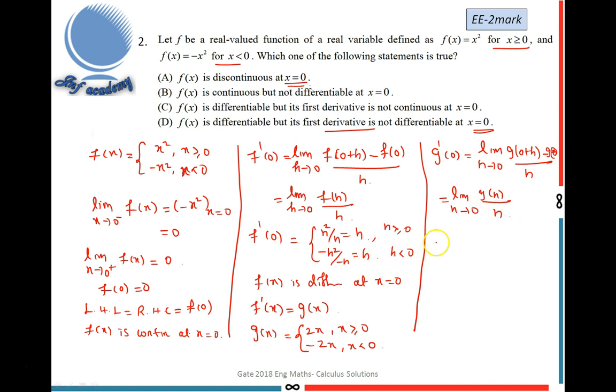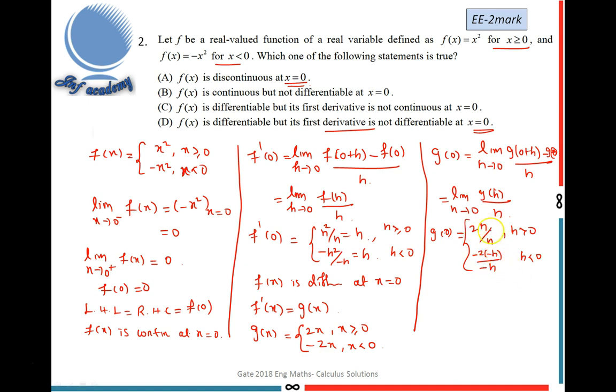Sorry, f dash of x is g of x; I put the name g. For h greater than 0, we get 2h by h, and for h less than 0, we get minus 2 into minus h divided by minus h.